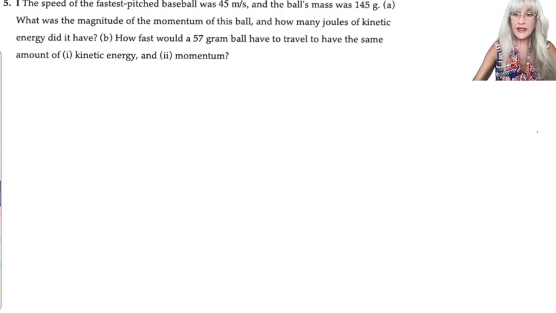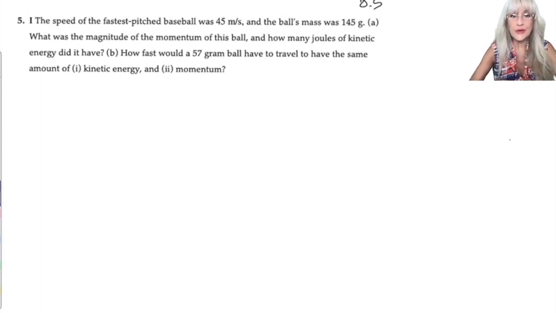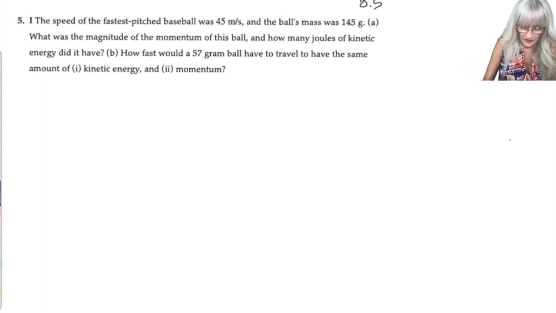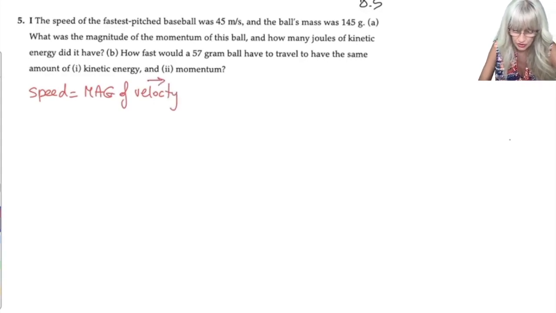In chapter 8, problem 5, we have an easy situation. To begin with, there is a speed, which is a scalar and is the magnitude of velocity, velocity being a vector.